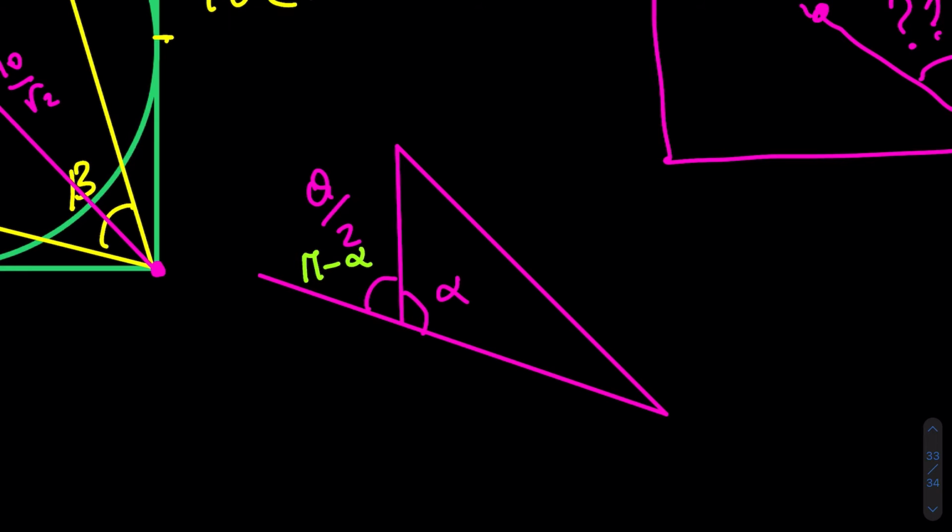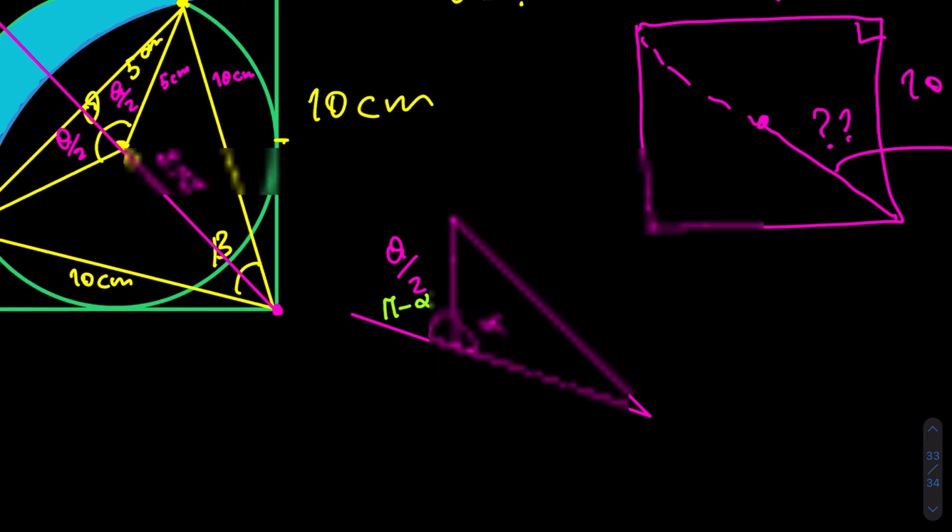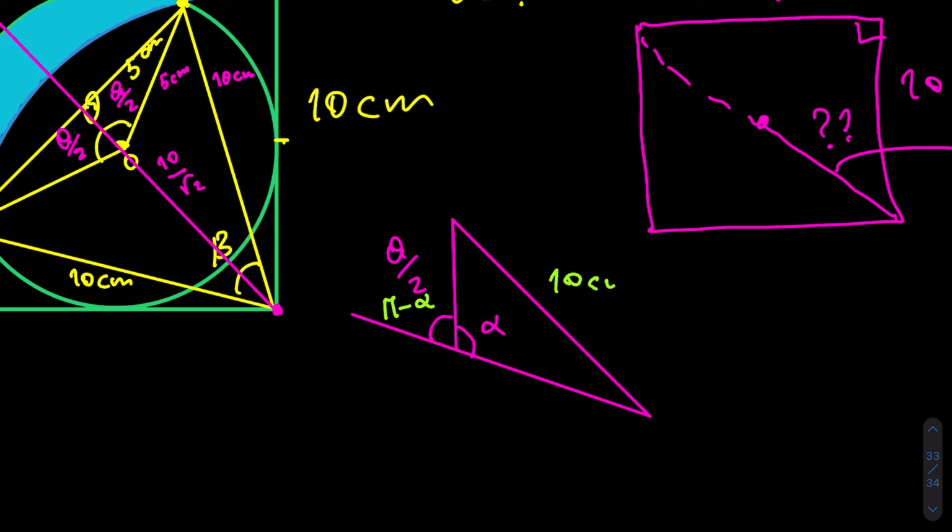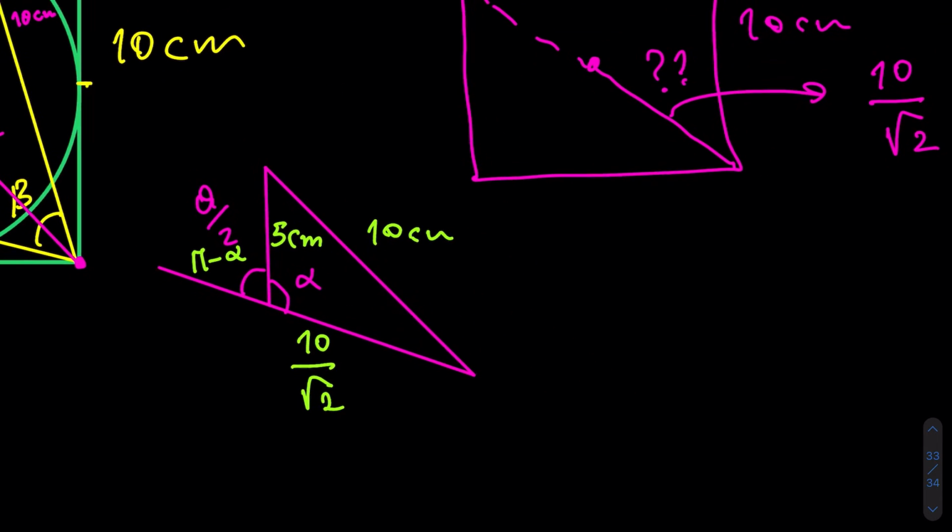Now I have the value here, which is 10 centimeters. Here we have 5 centimeters, and here I have 10 over square root of 2. Then I can use the law of cosine to find the value of this alpha, and when I find this, I can find a half of theta, right? Because the sum of these two angles is equal to pi, correct?